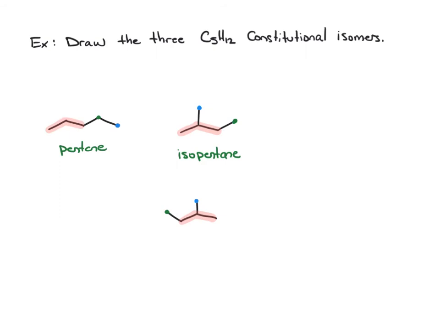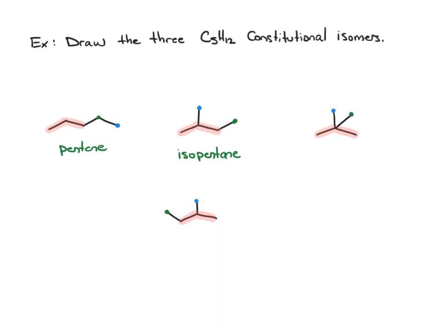So when you're drawing isomers, you want to make sure you're actually making something new. So what I could do to make something new is, if I break this carbon with the green dot off, here's my base. Here's the carbon with the blue dot. Maybe I attach this green carbon right here.